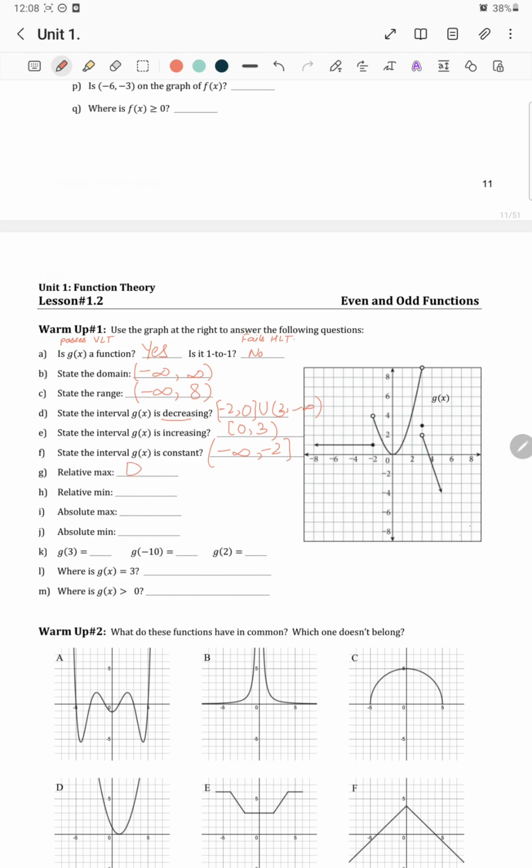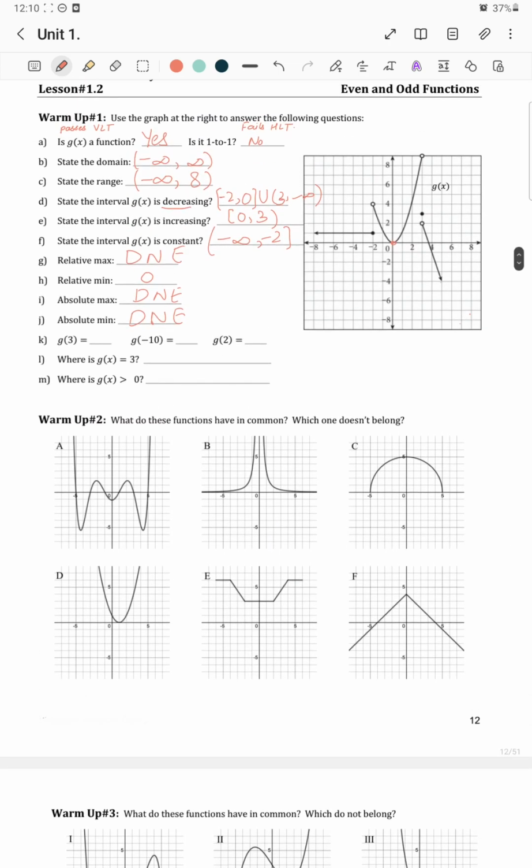No, it does not exist. What is the relative minimum? The minimum value would be 0. Absolute minimum, is there any minimum which is absolute? No, it does not exist, because it's going to negative infinity. And absolute maximum also does not exist.